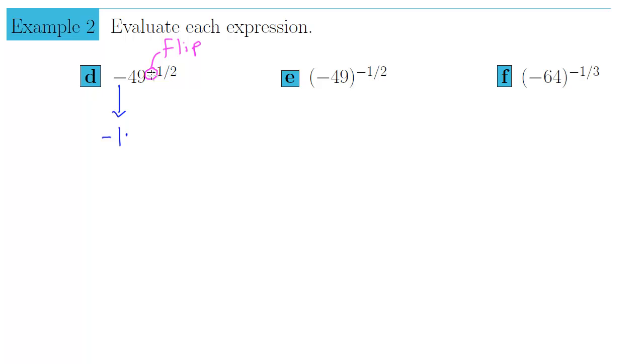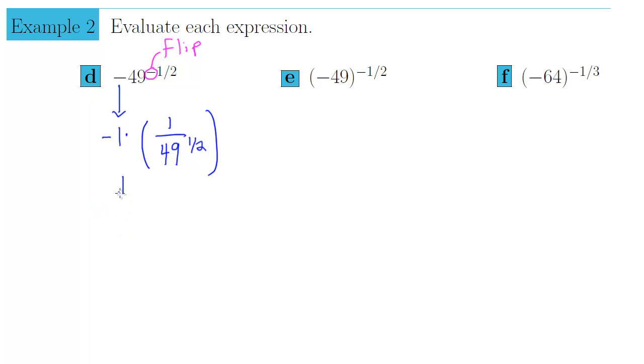So -1/2 is connected to the 49, so that gets flipped to 1/49 to the 1/2. Okay, so the rule about negative exponents says to get rid of a negative exponent, you flip the base and then change the exponent to a positive.